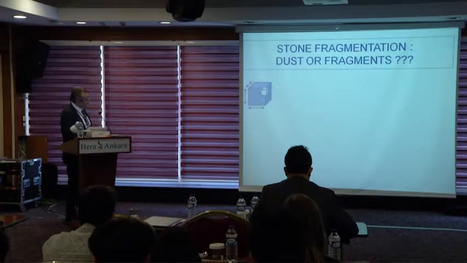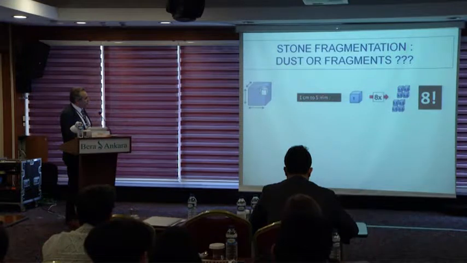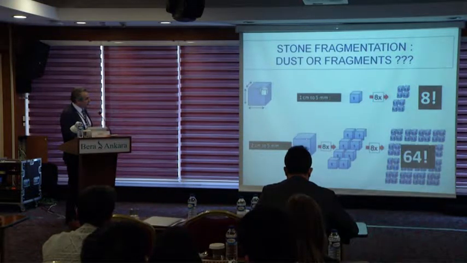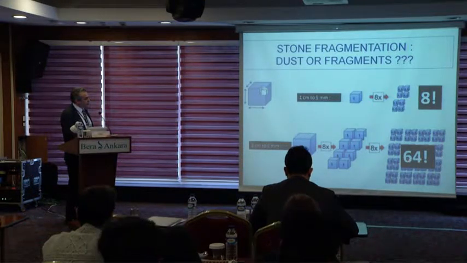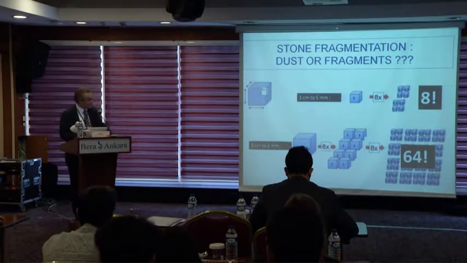For a 1 centimeter stone, if you fragment to 5 millimeters, it will be 8 pieces. But if the stone is 2 centimeters, it will be 64 pieces when you fragment bigger stones.